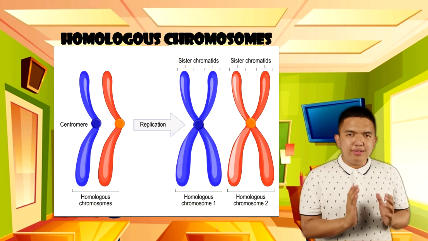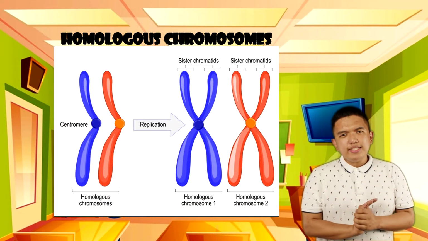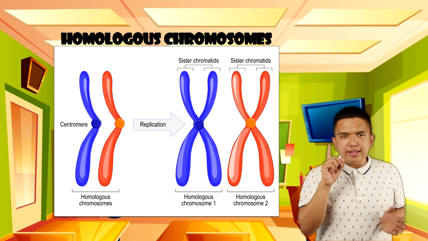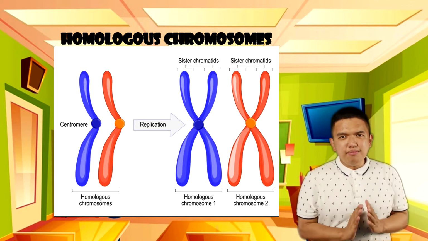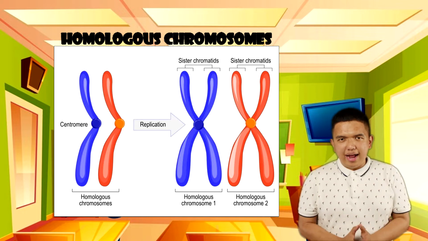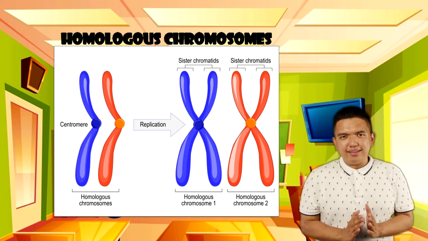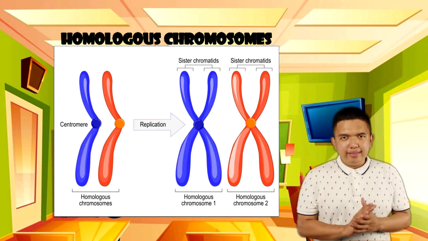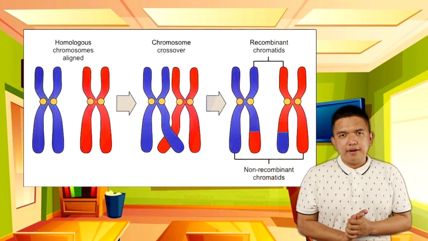What are homologous chromosomes? These are similar in chromosomes, but they are not identical. Each homolog has the same gene in the same order as the other homolog, but the alleles for each trait may not be the same in the homologous pair. What about crossing over?